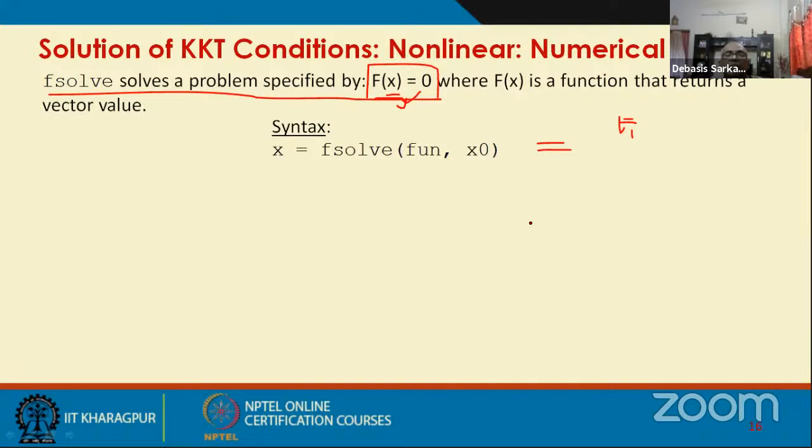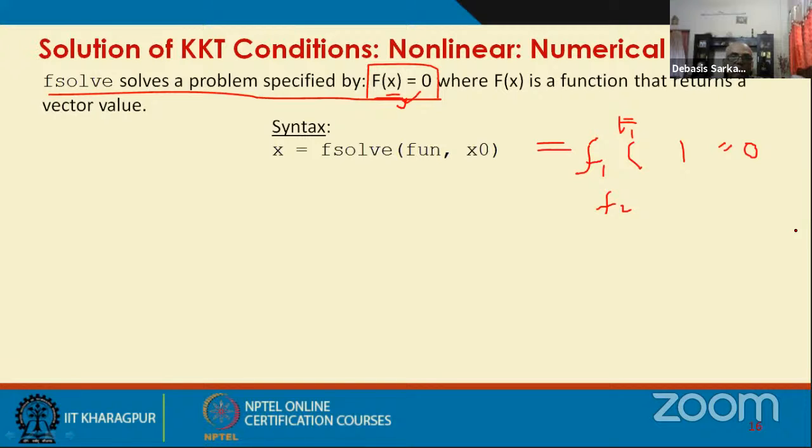Let us say x is a vector of 4 components, x1, x2, x3, x4. So I may have f1, which is a function of x1 to x4, equal to 0. I can write like this. Then f2, f3, f4, all equal to 0.